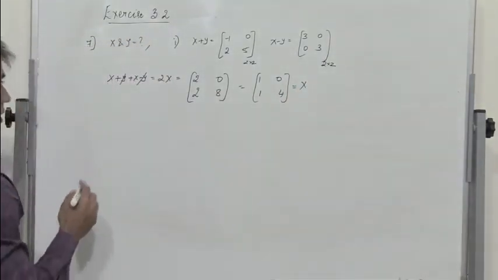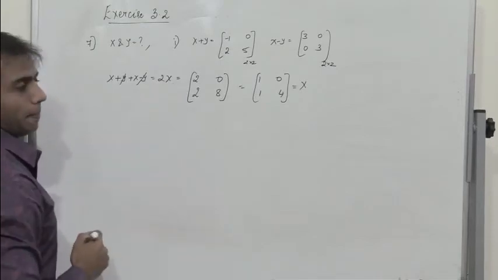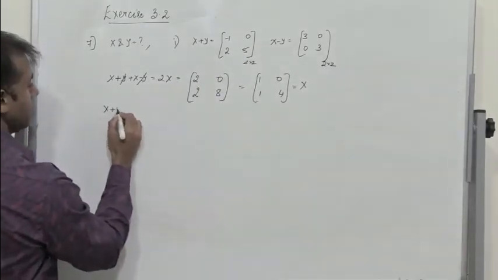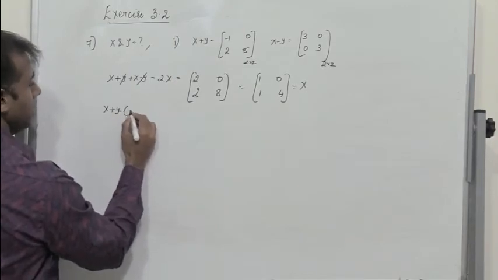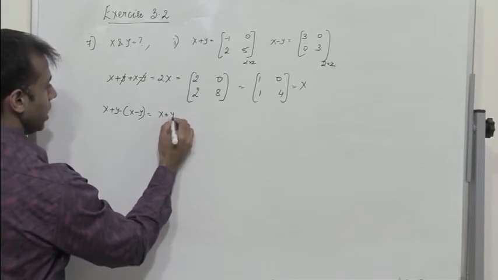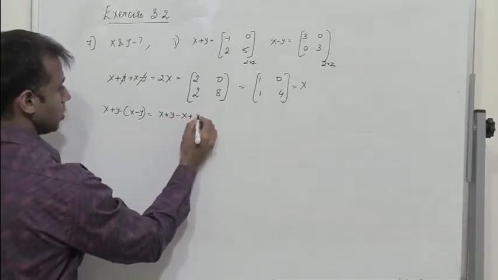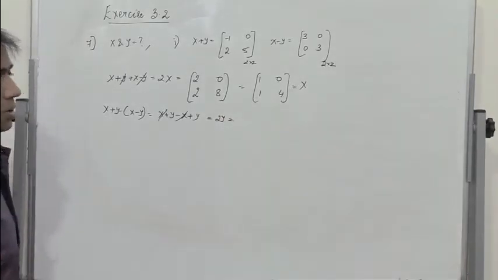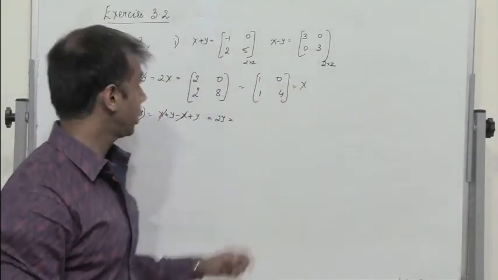Right? Next, to find 2Y, let me subtract these two. So I get X plus Y minus X minus Y. Right? So that gives me X plus Y minus X plus Y, which is 2Y. So when I subtract these two, I get 2Y.